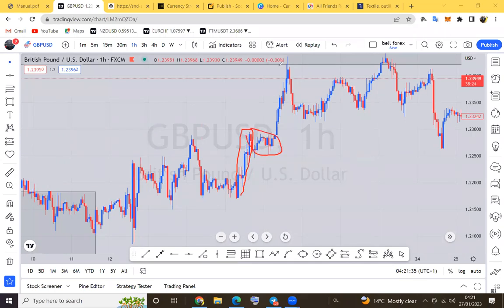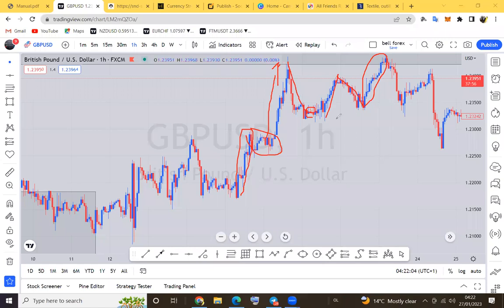It goes up, pullback finds difficulties, healthy movement. It's very simple. So you should be able to even use your eye, my brothers, and see that this is a pullback and this is an impulsive move using simple price action observation.